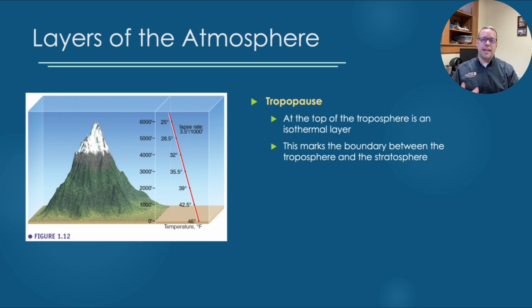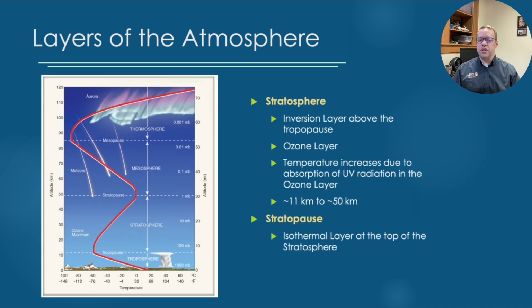Now let me go to the next slide and point out where the troposphere and tropopause are. Here we go. The troposphere starts off here at the surface. Temperature drops on average at a rate of 6.5 degrees Celsius every kilometer, up until a height of about 11 kilometers, 7 or 8 miles up. And then the temperature stops dropping and you get a small layer where the temperature stays the same. That's called our tropopause.